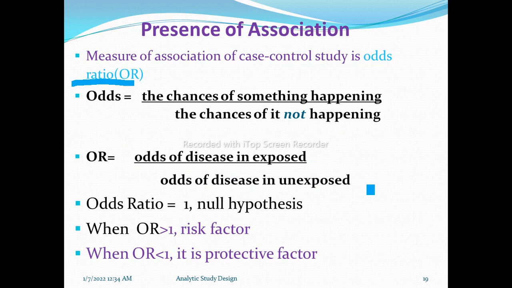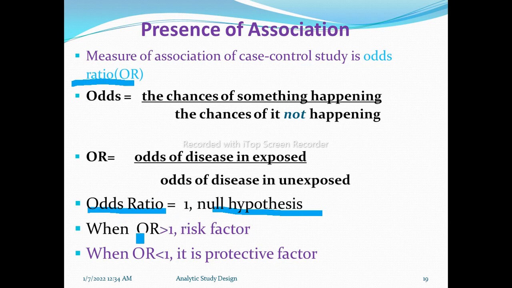Odds of disease in exposed is p over 1 minus p, and odds of disease in unexposed will be similar. So odds ratio is equal to 1 is the null hypothesis.